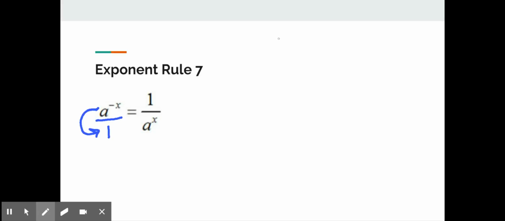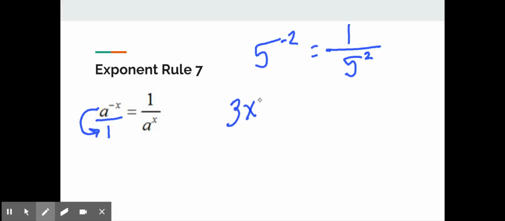So if I had 5 to the negative second power, I have to move that to the denominator to make it positive, but I still need a numerator, so it's going to be 1. If I had 3x to the negative second power, that 3 is actually not negative.